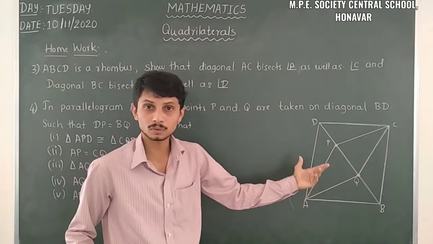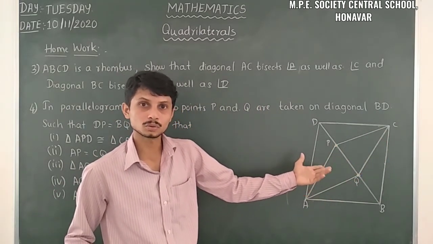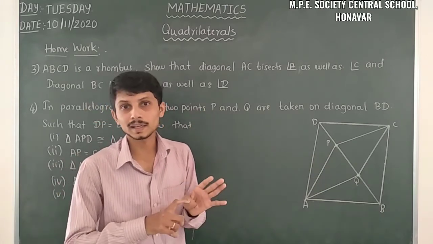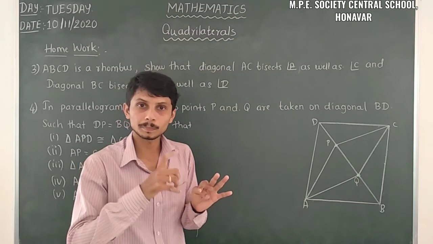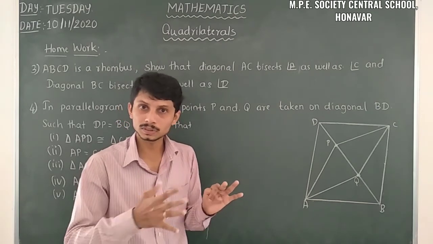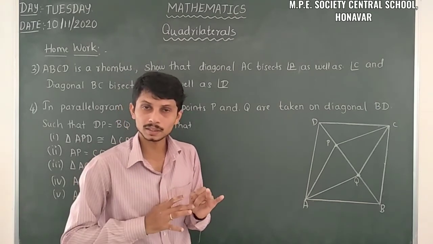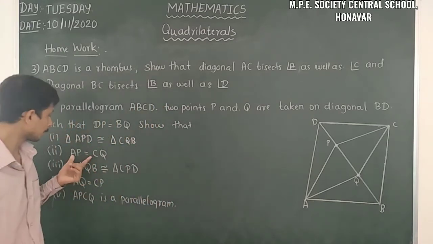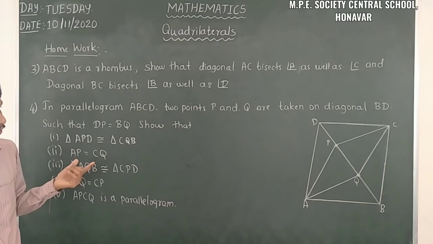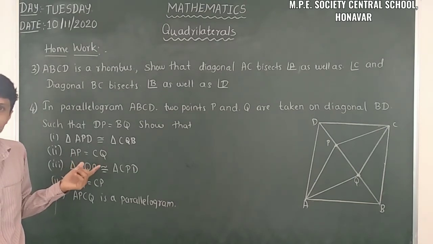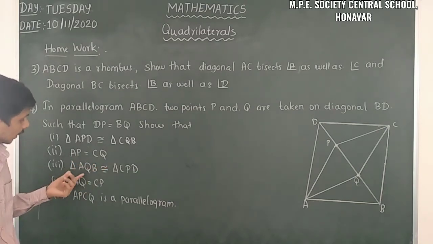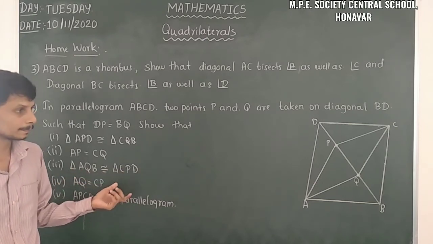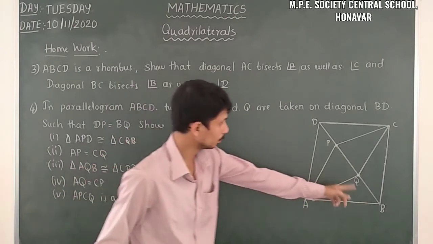What are the equalities possible there? You have to find out. Use some of the parallel lines and the transversal, the parallel opposite sides, and whatever equalities and points you have. After that AP is equal to CQ, it becomes a CPCT. Then triangle AQB is congruent to triangle CPD.